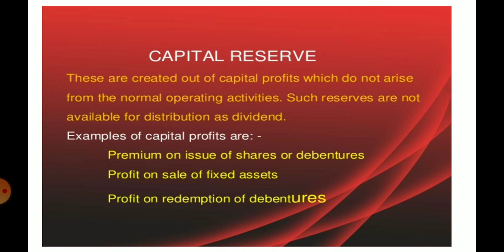So capital reserve is generated from capital profit, like from the sales of any fixed assets, and it is not available for distribution of dividend. You can create capital reserve through sales of fixed assets, liability revaluation, issue of share or debenture, purchase of running business, etc.